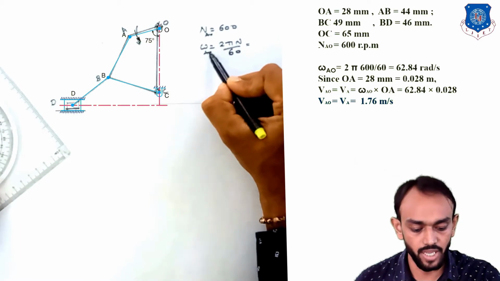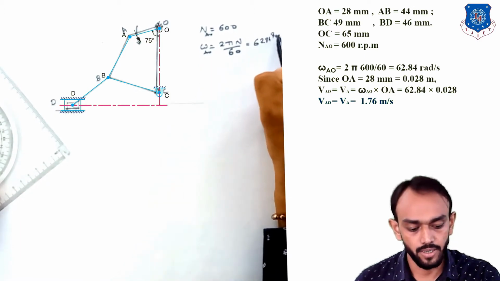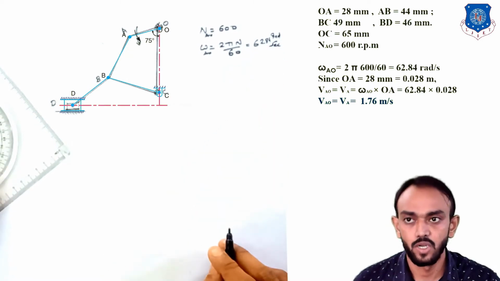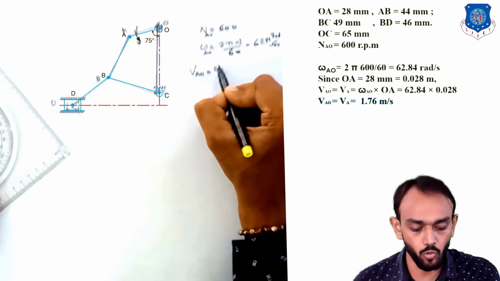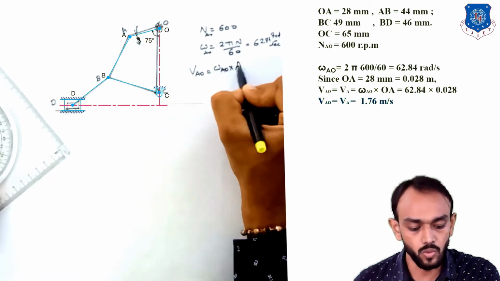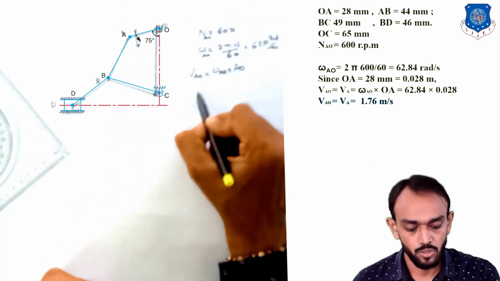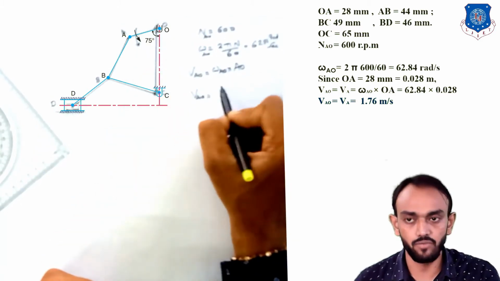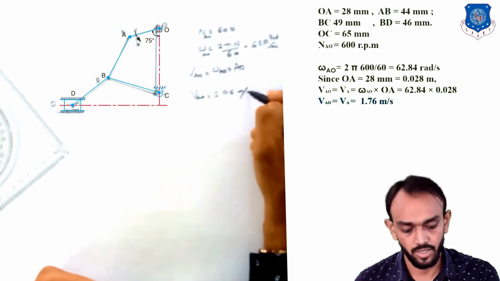So omega of A with respect to O, you will get 62.84 radian per second. Then you find the linear velocity of AO, which is omega AO into the length of link AO. So you will find the velocity of AO here as 1.76 meter per second.